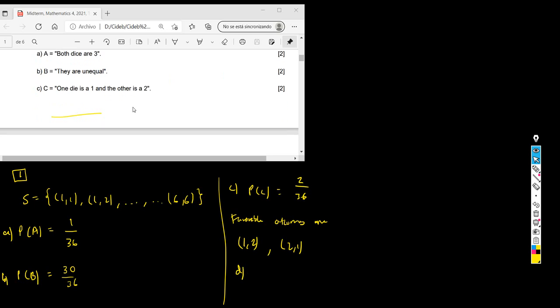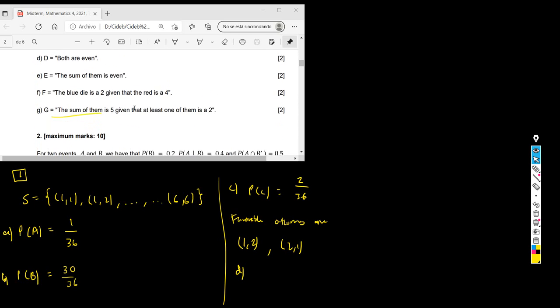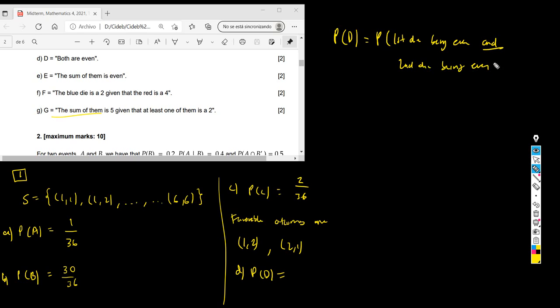Let's scroll down. D, both are even. The probability of D is the probability that both dice are even. Okay, how do we solve that one? Well, realize that the probability of D is the same as the probability of the first die being even and the second die being even.